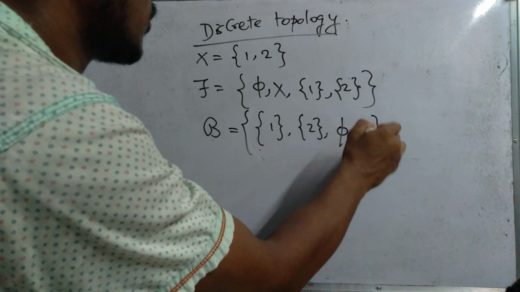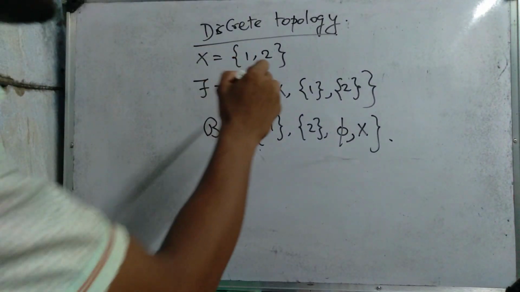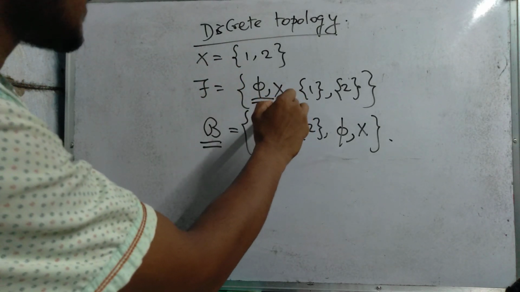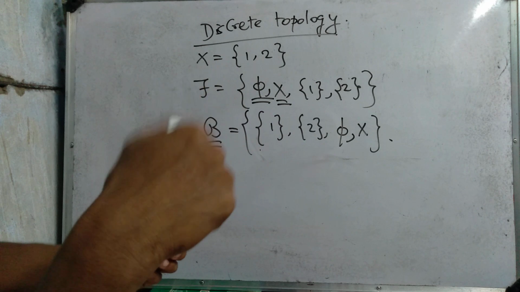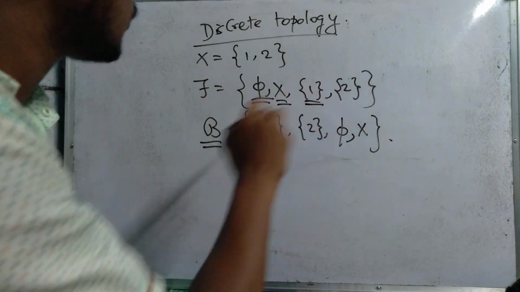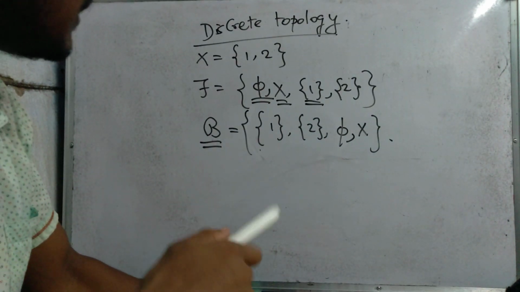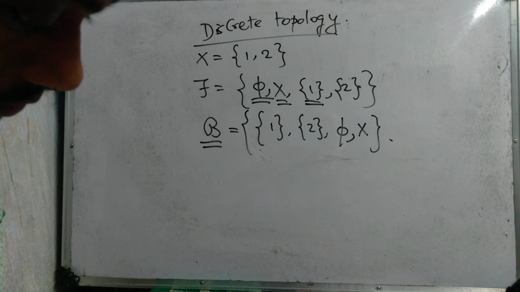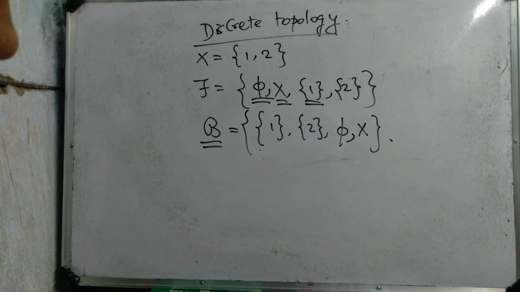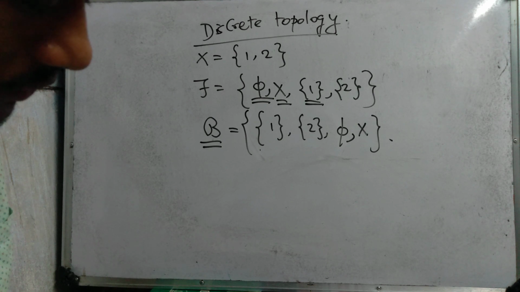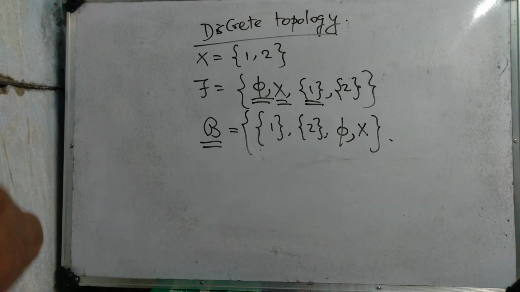Phi and X are also contained here, because if we count phi, then phi obviously belongs to this topology, and if we take the union, X also belongs. Then the collection of all one-point subsets of X is a basis for the discrete topology on X.